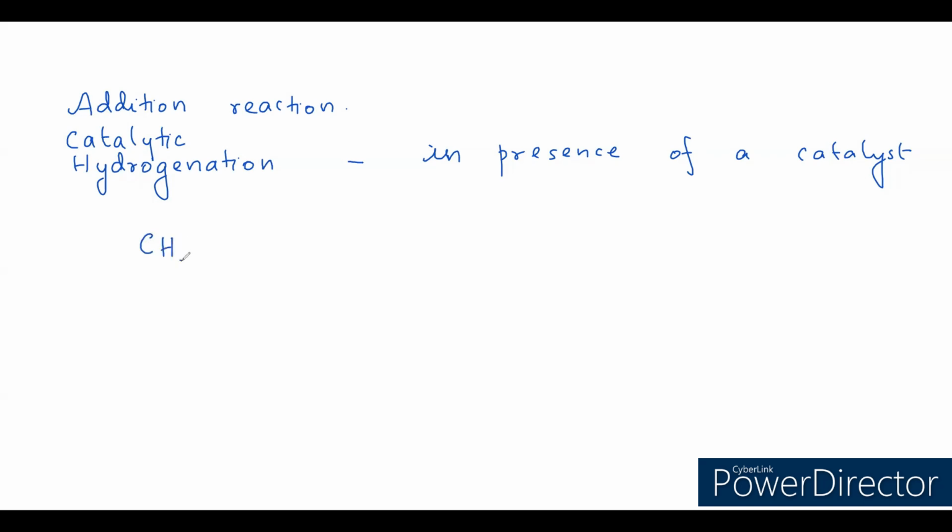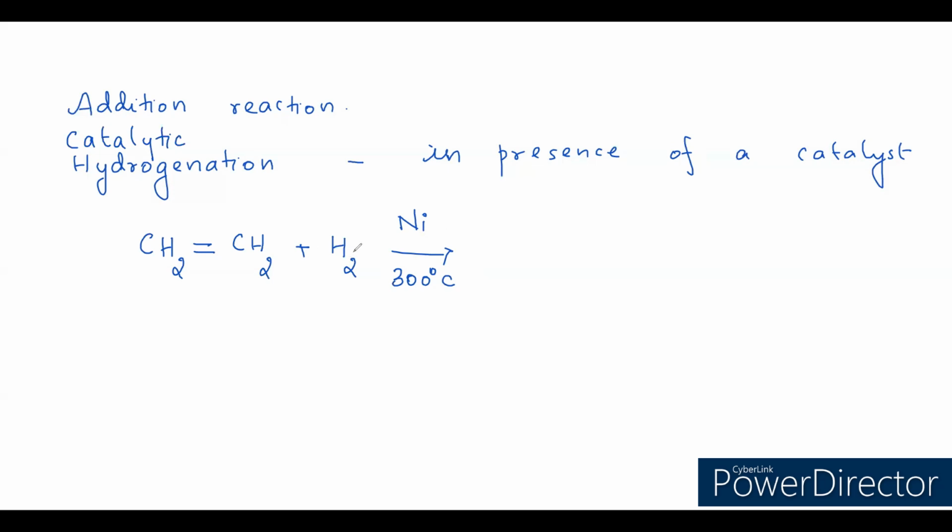So let's take ethene, CH2 double bond CH2, and add hydrogen in the presence of a catalyst. The catalyst taken here can be nickel at 300 degrees Celsius. So you need to heat the nickel, then pass a mixture of ethene and hydrogen over the heated nickel.